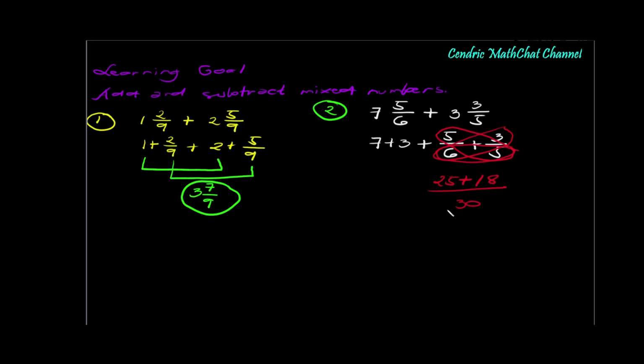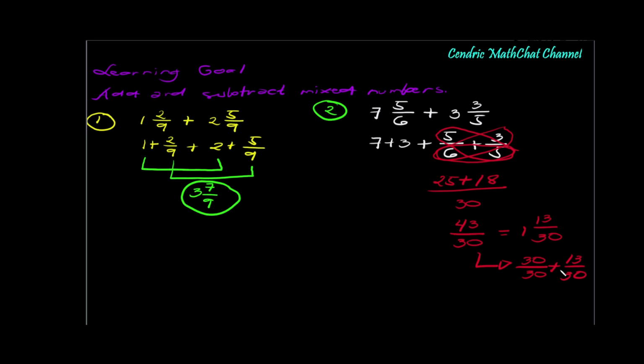which will give us 43, and this can be expressed as 1 and 13 all over 30, because we all know that 43 30ths is the same thing as 30 over 30 plus 13 all over 30.